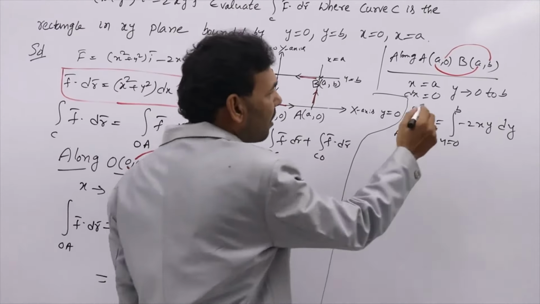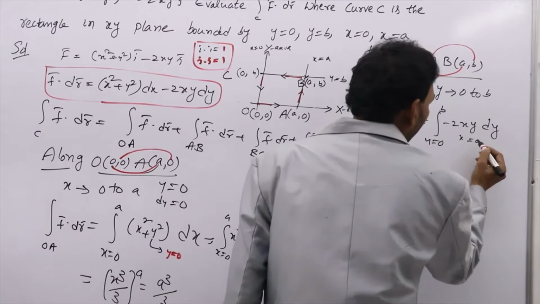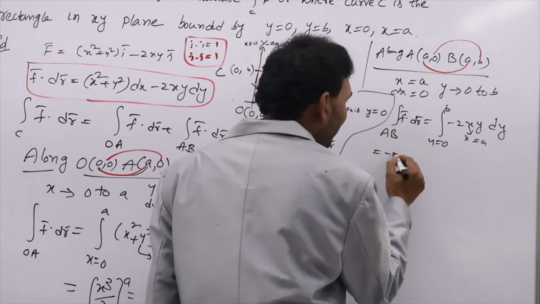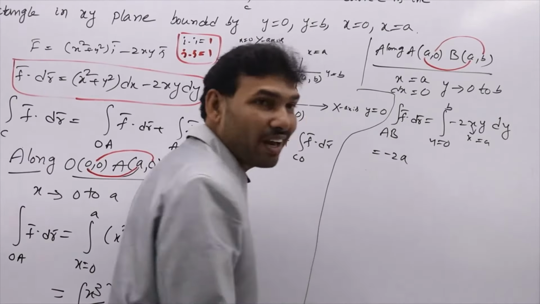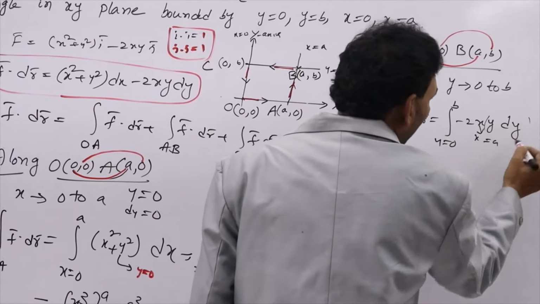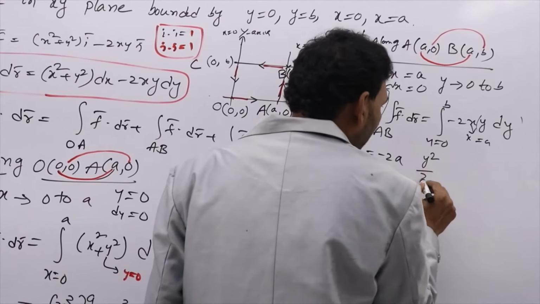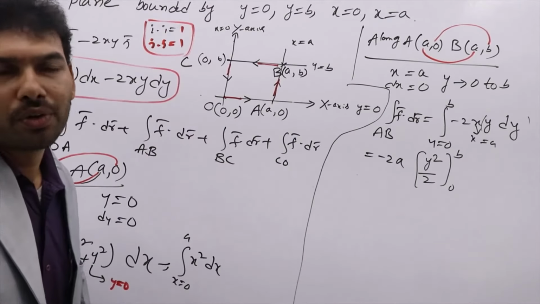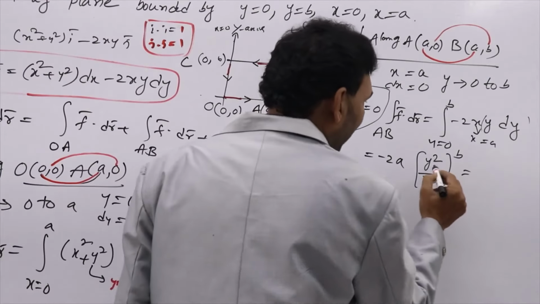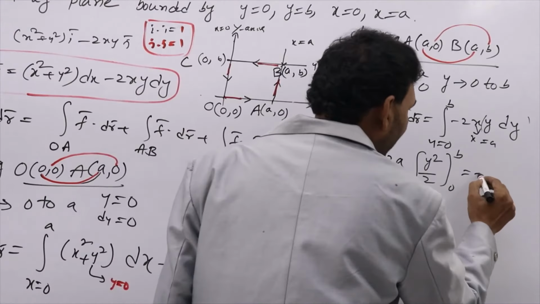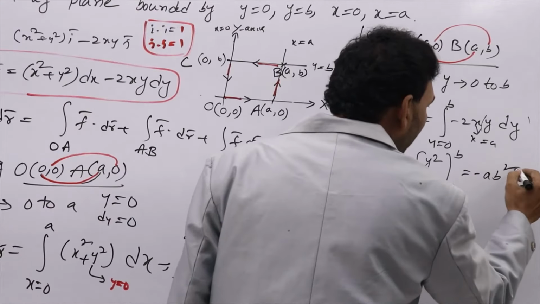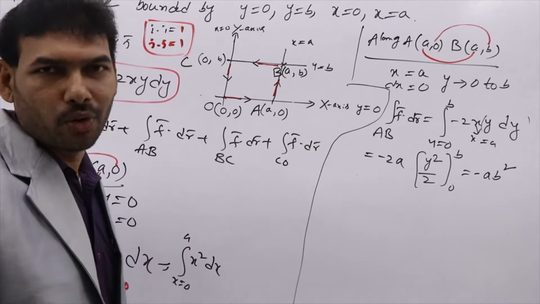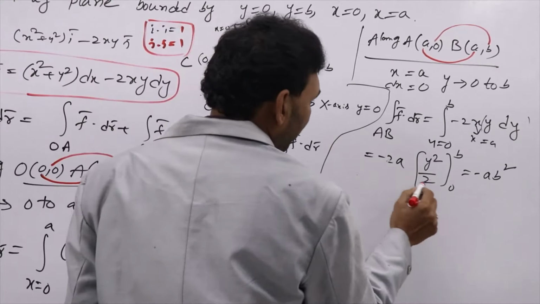Again, in the place of x you need to write a. If you write a in the place of x, minus 2a is constant. What is integral y dy? Integral y dy is y square by 2, limits from 0 to b. The 2 get cancelled. If you write b in the place of y, what you will get? Minus ab square. After substituting upper and lower limits, these two get cancelled.